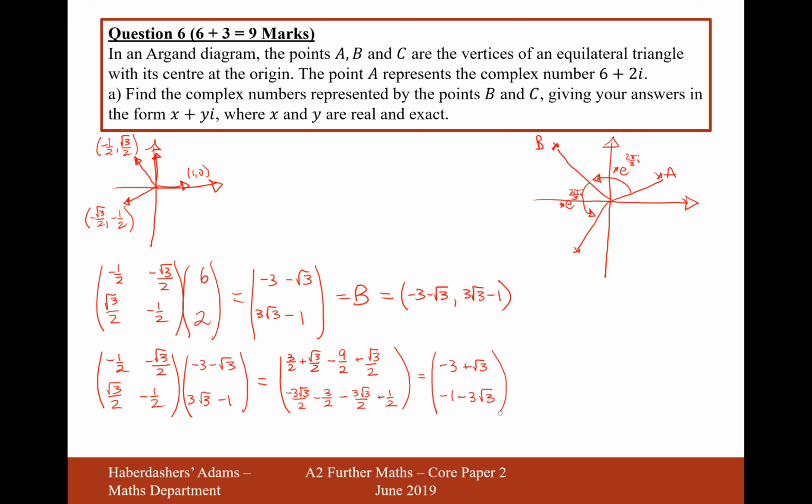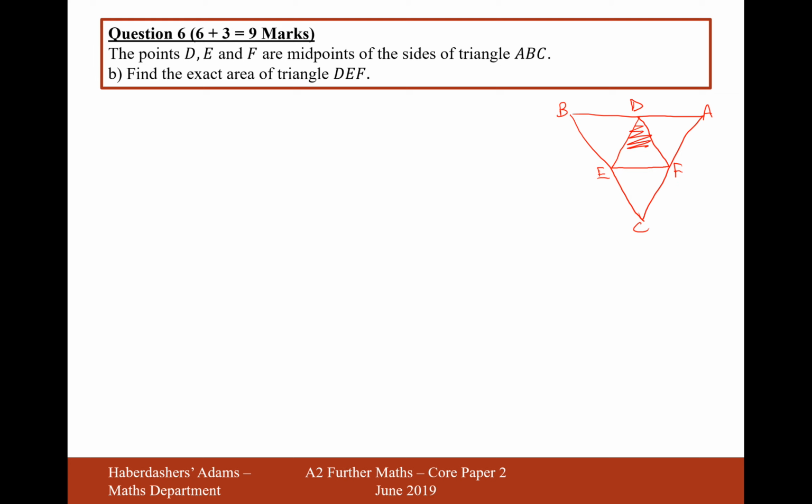But actually, if we think about this problem here, let's just rotate it around a little bit to view it better. If we've got these points A, B, and C here, and then we work out a triangle from the midpoints, then actually it's just going to be a quarter of the total area of ABC, because D, E, and F will all three be midpoints, so it'd just be this area here.